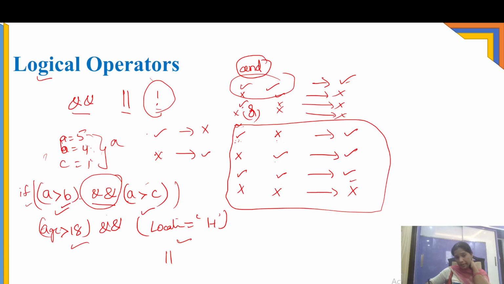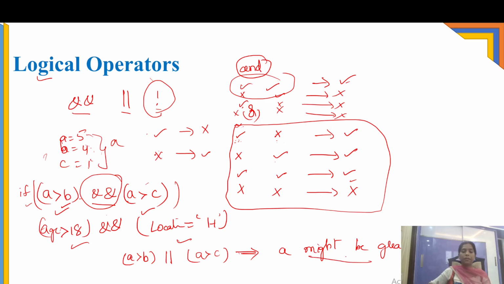Logical OR operator. Logical OR means anyone can be true. If you want to connect with real time: if A is greater than B or A is greater than C, then it will lead to A might be greatest. Might be. Underline the words might be.